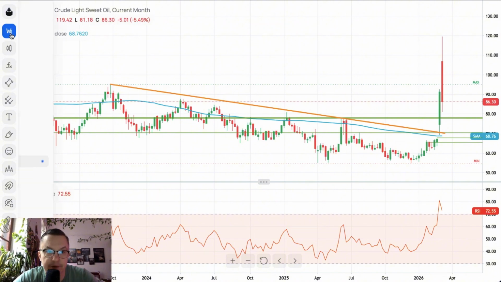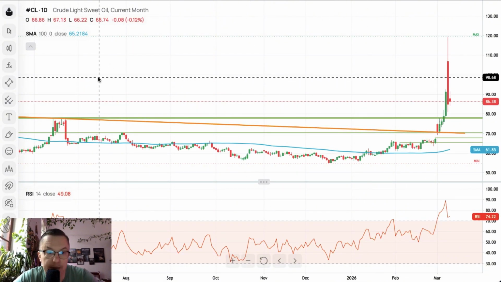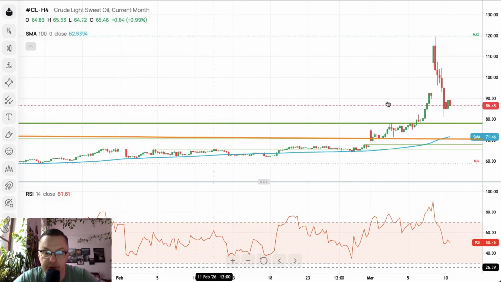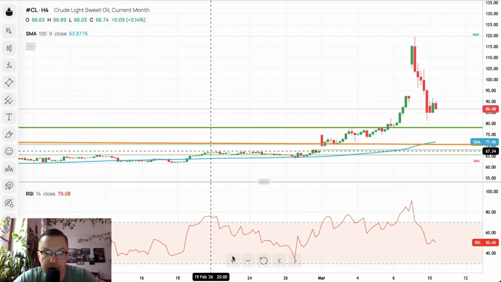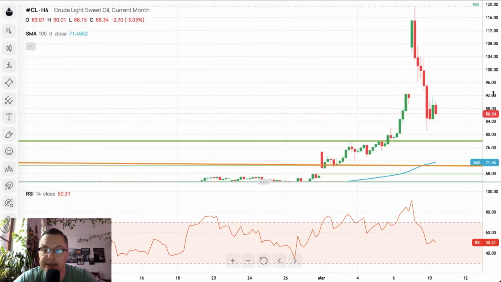So right now, if we switch from weekly to daily, you can see wild volatility on this market. And on the 4-hour time frame chart, just look at how small these candles are compared to what happened yesterday.